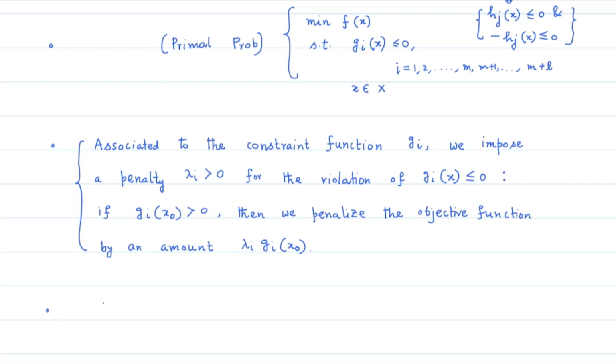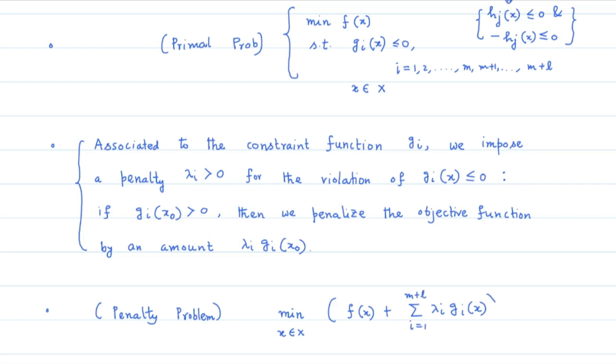So I just go for recasting this primal problem as follows: I formulate the penalty problem for this primal problem as minimization over x belonging to capital X of the function f(x) plus the summation of all these penalty amounts, summation over lambda_i g_i(x) for i equal to 1 till m.